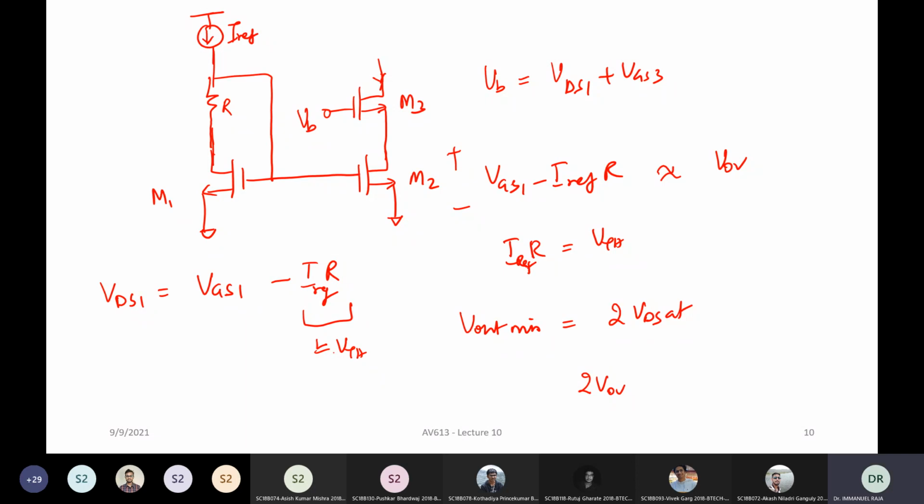So now comes the question, how to generate this VB? This IR drop is there to help us, but how to generate VB?